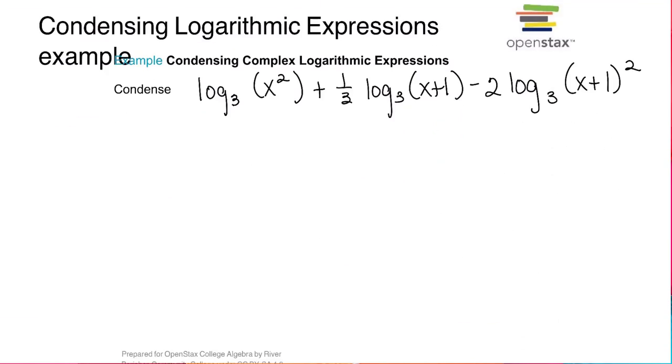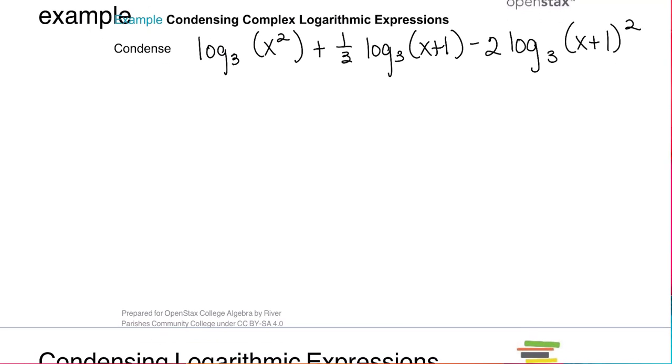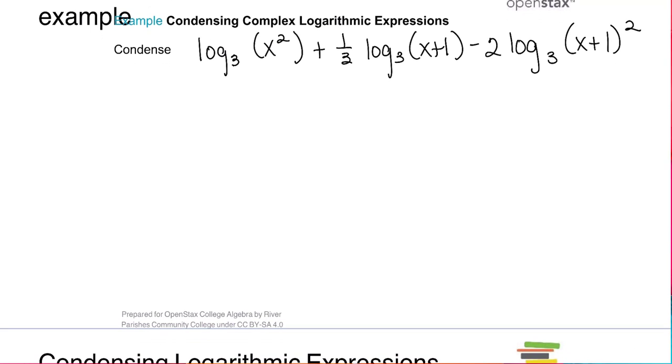All right, let's look at another one. Let's condense log base 3 of x squared plus 1/3 log base 3 of x plus 1 minus 2 log base 3 of x plus 1 squared. The first thing that we should do is get rid of any coefficients in front of any logarithms and write them as powers.